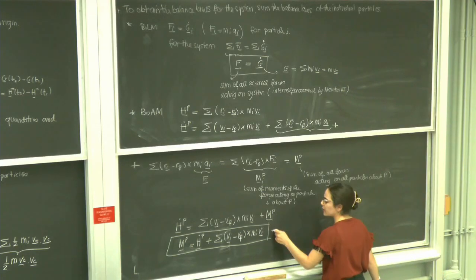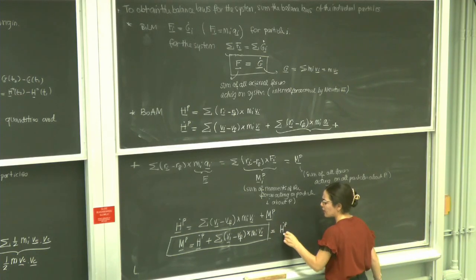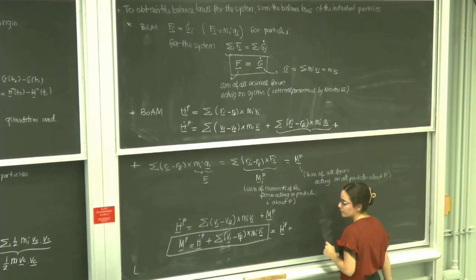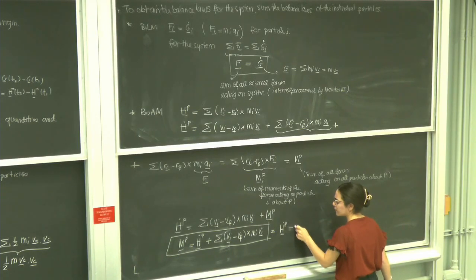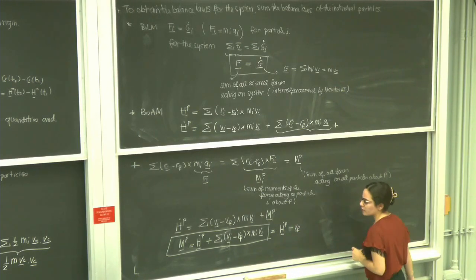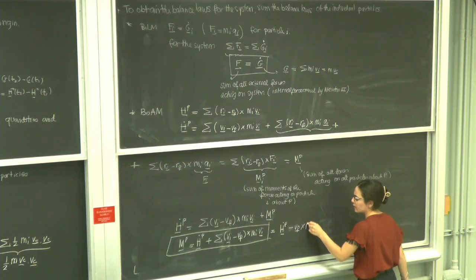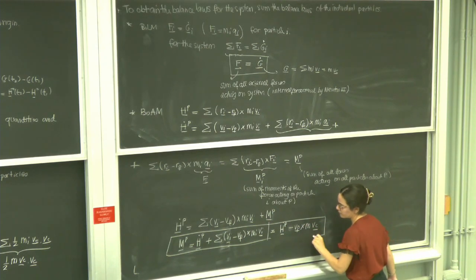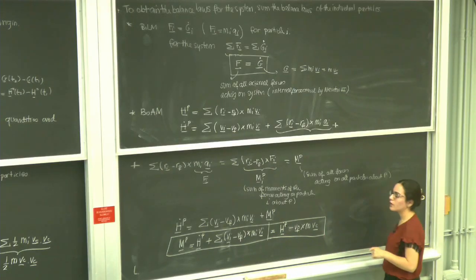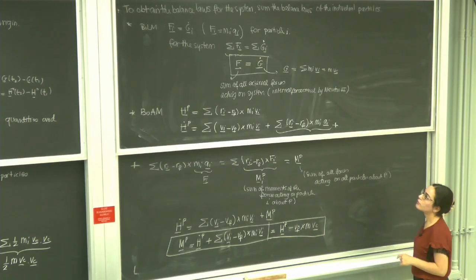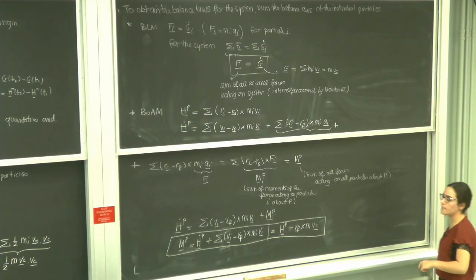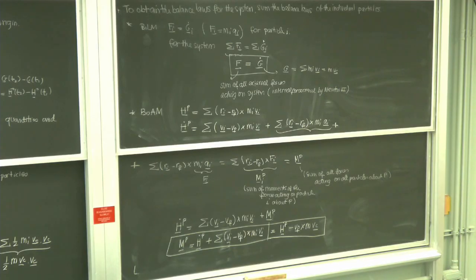So I'll get H dot P plus, or minus vP. I can take it outside the cross product, m vC. So this is the balance of angular momentum for a system of particles.